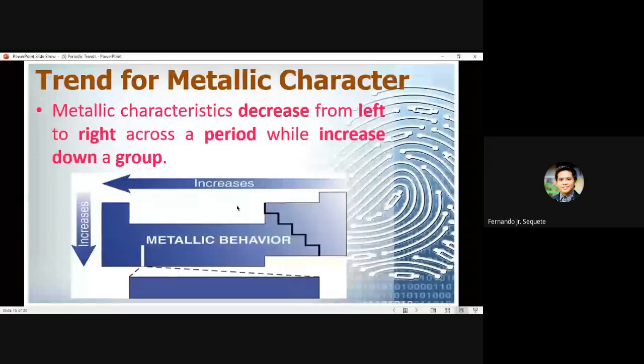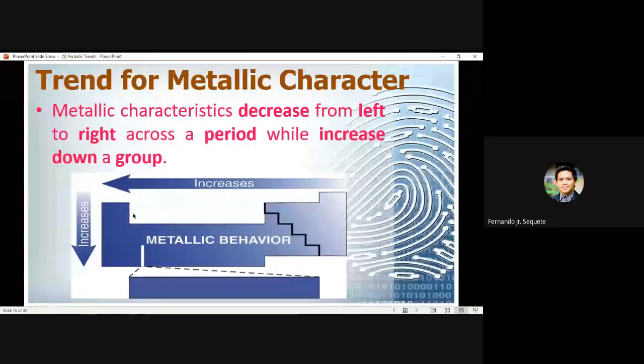Kaya nga, ang nakalagay from left to right, again, left to right, nag-decrease ang metallicity. But when you go to the opposite side, from right to left, nag-increase ang metallicity. Kasi nga, ang metallicity, mas metal siya dito compared dito.